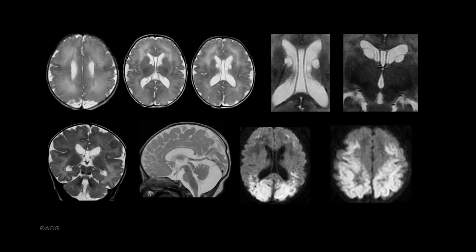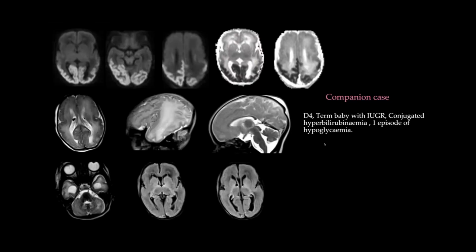On the diffusion weighted scans, you can appreciate extensive posterior to anterior gradient changes of cytotoxic or restricted diffusion, predominantly involving the cortex, and also some areas of the subcortical white matter. This actually reminded us of a case which was scanned a few months back. This is from Dr. Ramesh. Again, similar malformative changes, similar paraventricular or subependymal cysts, and also areas of restricted diffusion in the posterior predominant aspect.